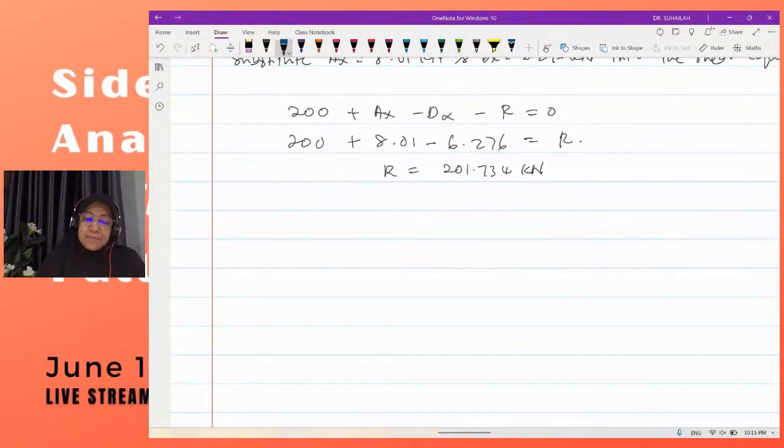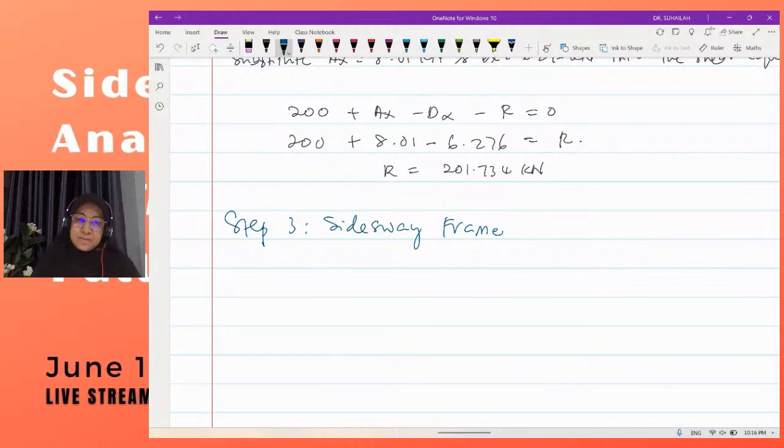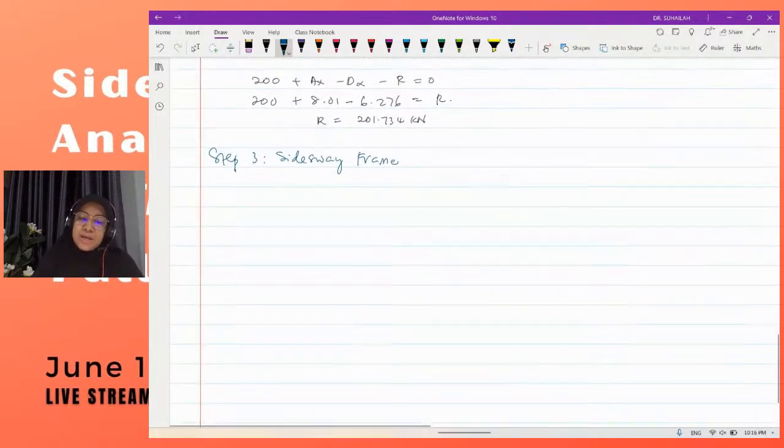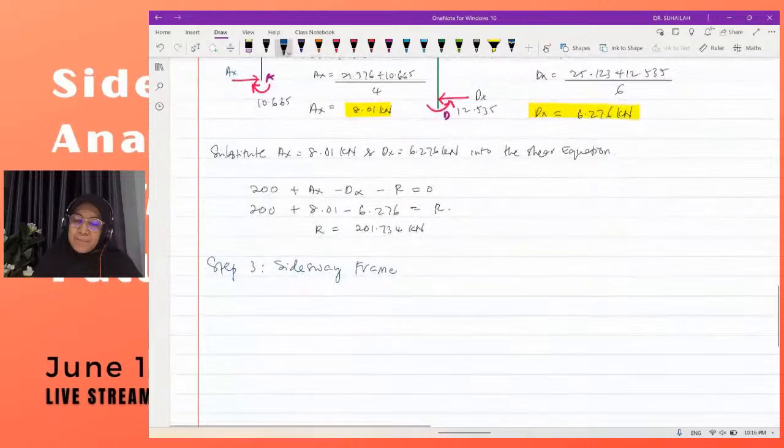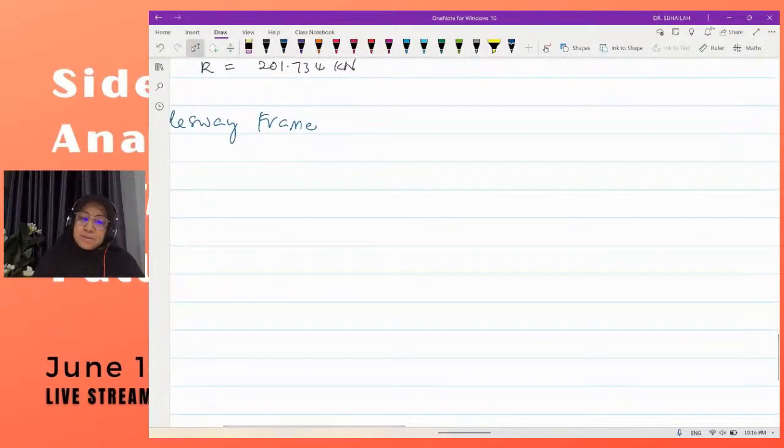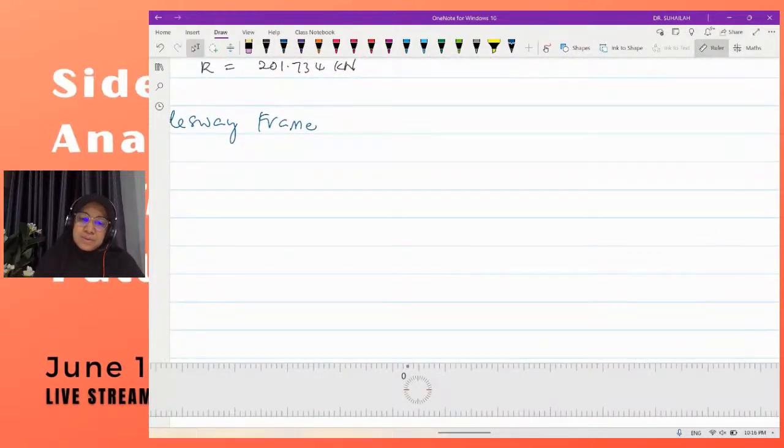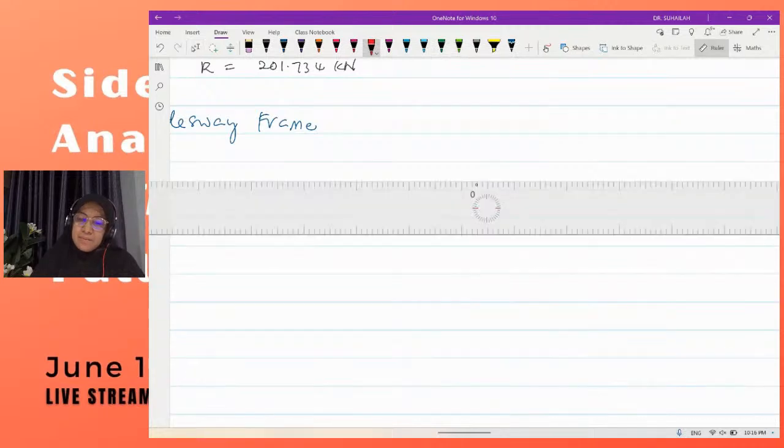Step 3, this is the side sway frame. So we have to draw the diagram.